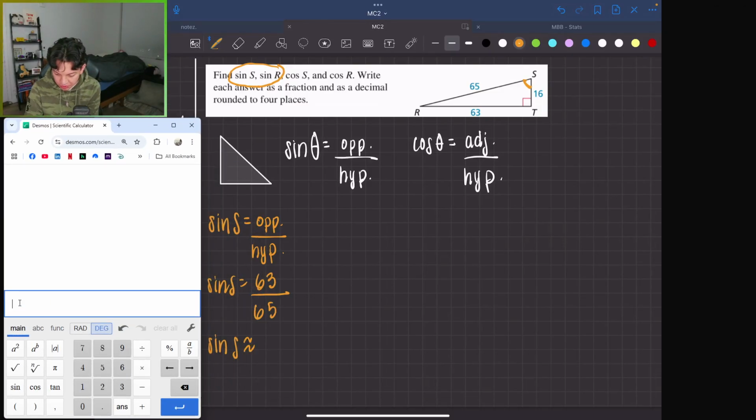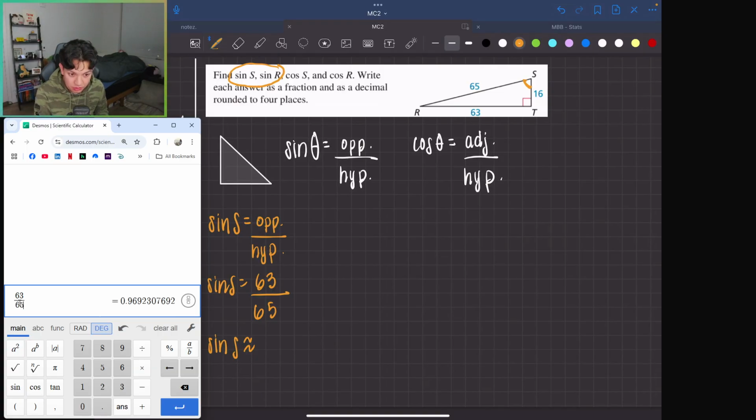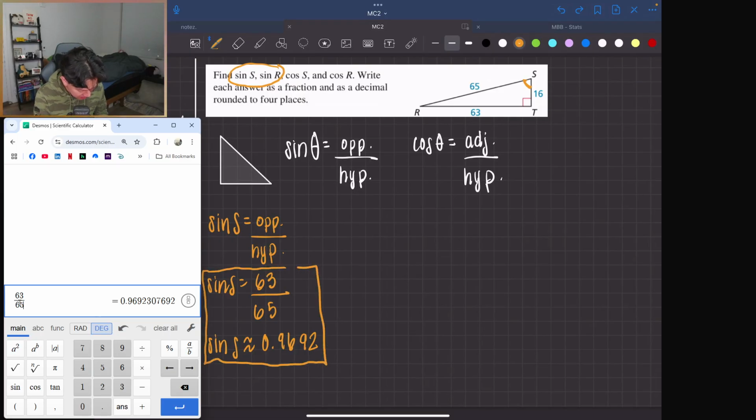So 63 over 65 approximates to 4 places, 0.9692. Since it's 923, we're going to round down anyway. So that is our sine of S as a fraction and as a decimal.